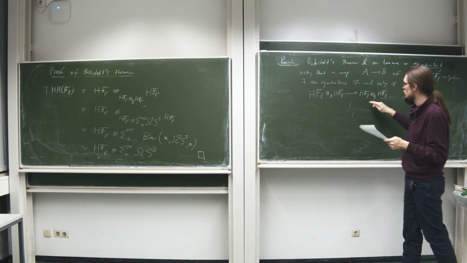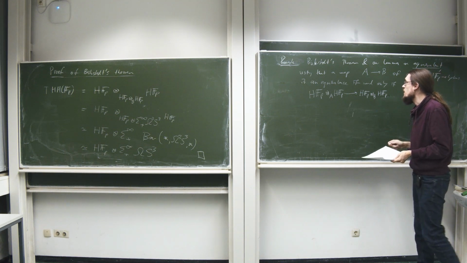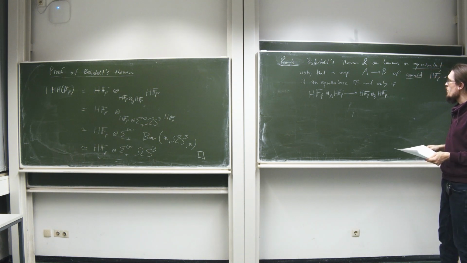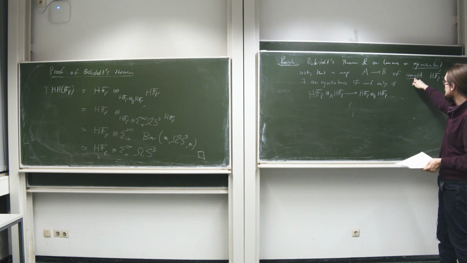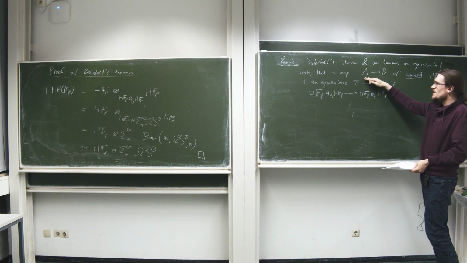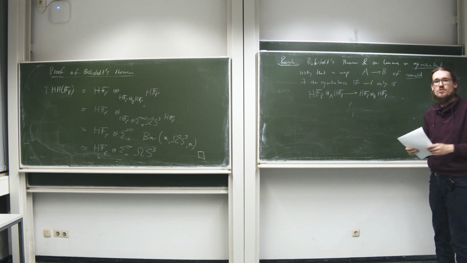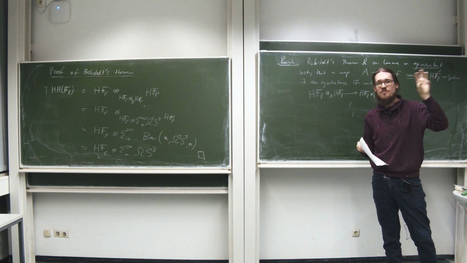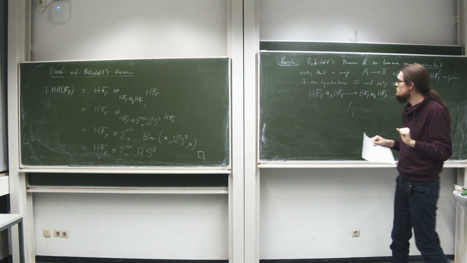So these two tensor products are where we tensor over A and over B, respectively. Here connected simply means this is a connective HFp algebra, so it doesn't have negative homotopy groups. And the zeroth homotopy group is simply just Fp, nothing else.